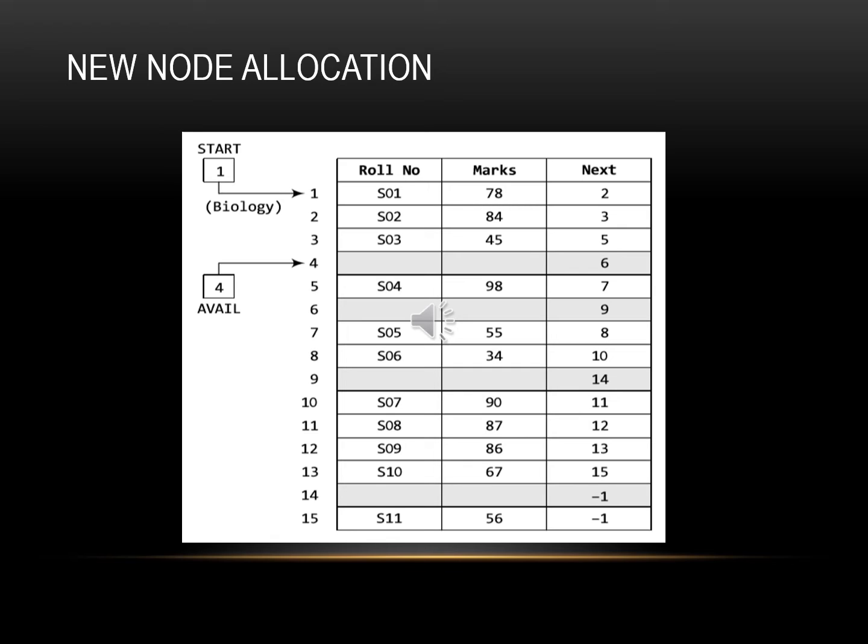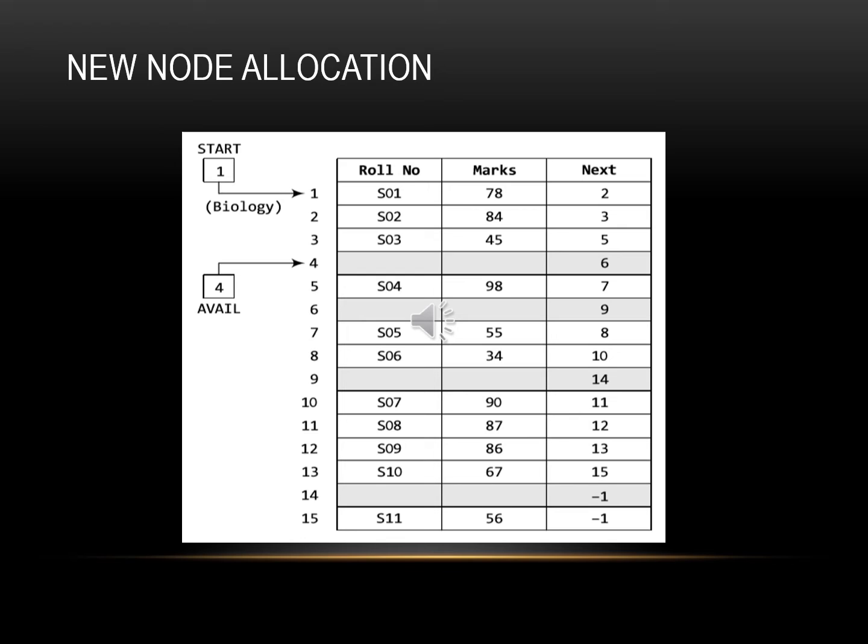Then 9 means the memory location with address 9 is empty. So this is also a kind of linked list. Whenever we need a new node or a new node is allocated, this first one, that is 4, will be allocated and avail will move to avail next.